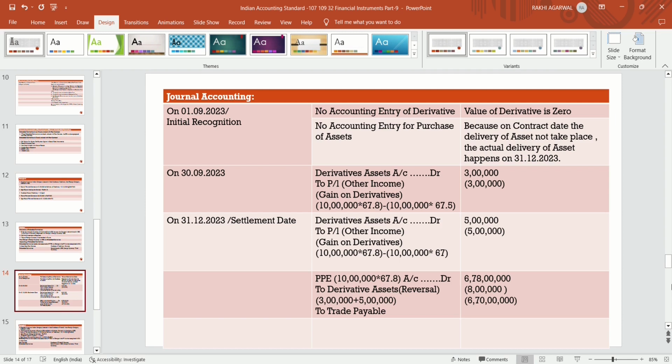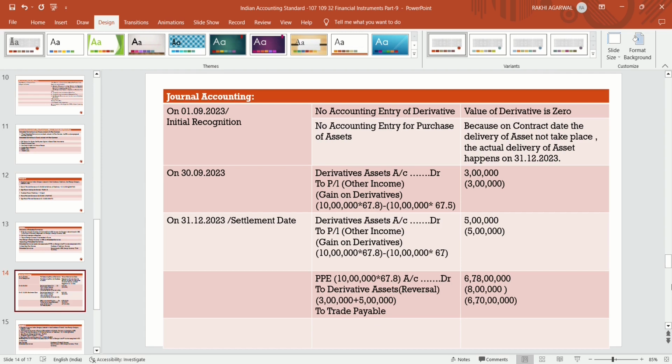So on 1st September 2023, on initial recognition, no accounting entry for the derivative is to be done, because he is not going to pay anything for the purchase of machinery. So no accounting is to be done for the host contract or for the derivative contract. For both contracts, no accounting entry is to be done at the initial stage.